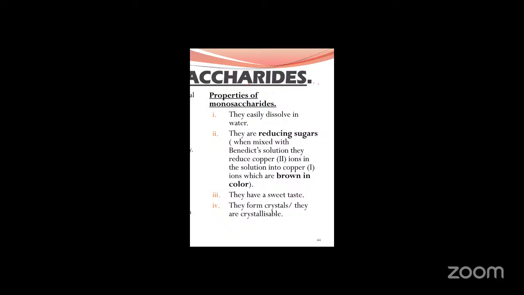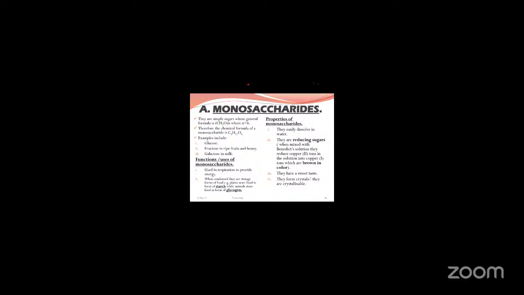So when you heat it, water will evaporate, leaving glucose crystals behind. So water is going to evaporate, leaving crystals of the glucose behind. And that's what we call crystallization. And that's why we are saying that monosaccharides can be crystallized or they can form crystals once they dissolve in water and you heat the solution or the mixture to evaporate.